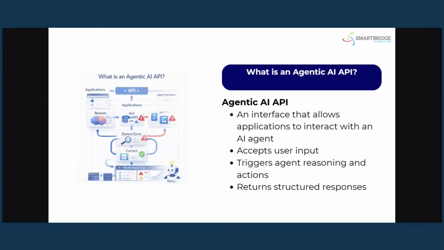Okay, done. So here, at an interface level, the agentic AI API allows an application to communicate with an AI agent. We need to communicate with one another, right? In the same way, an AI agent will communicate at an interface level with a user, like a basic question answer model.